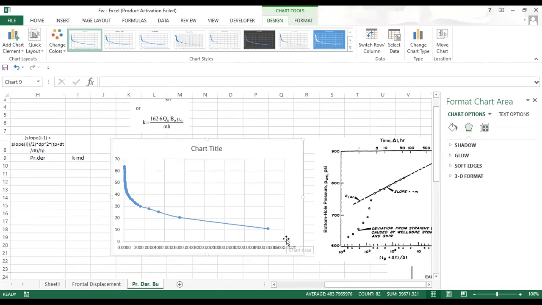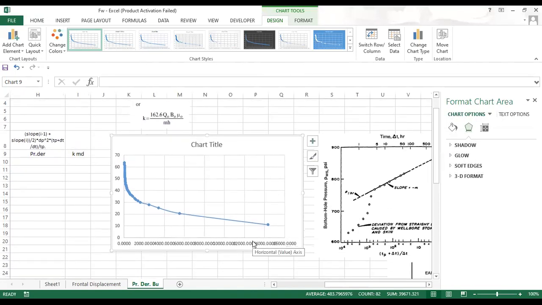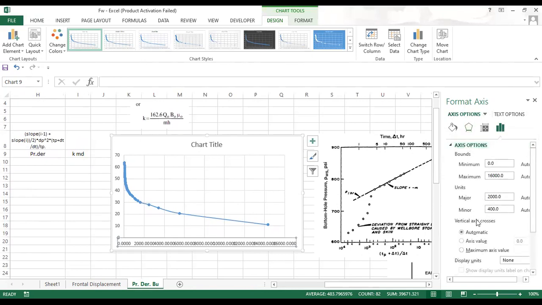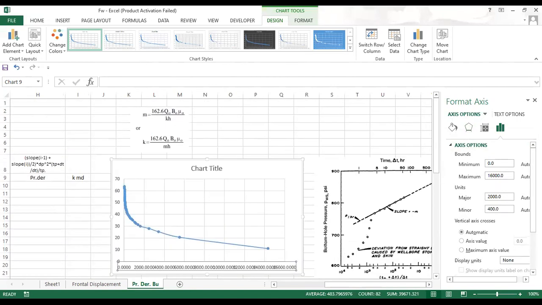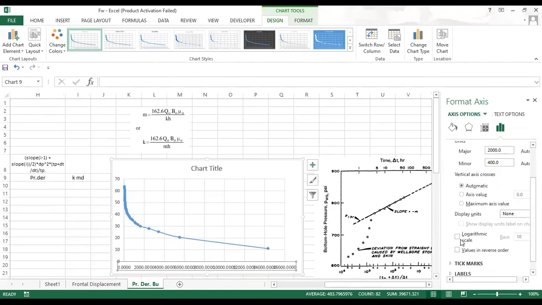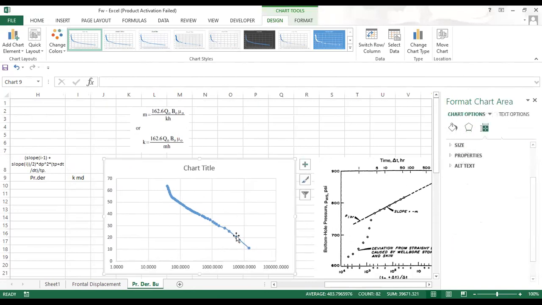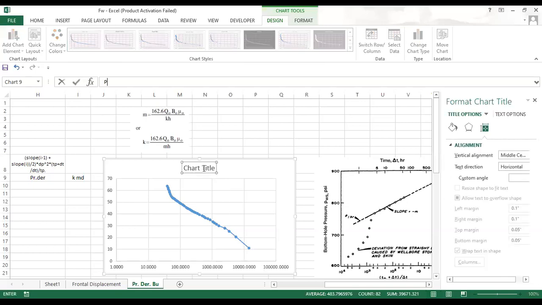As I said, my x-axis should be logarithmic, so I'm going to convert the x-axis to a logarithmic scale. This is how the logarithmic scale looks. This is my pressure buildup pressure.